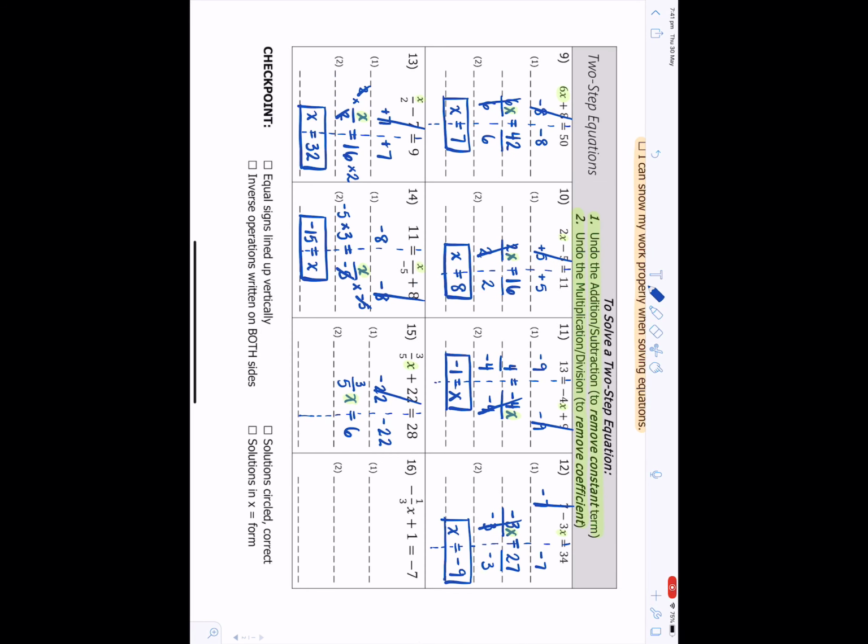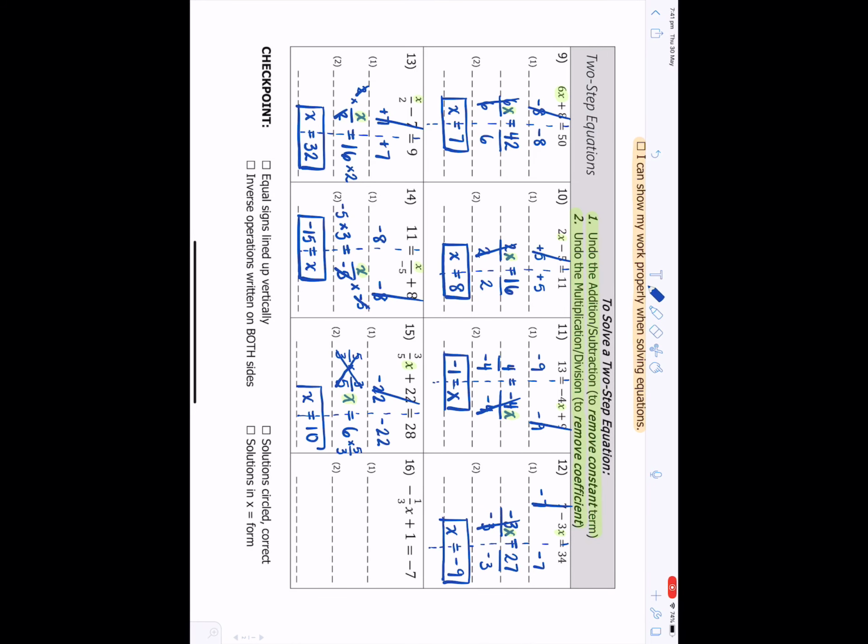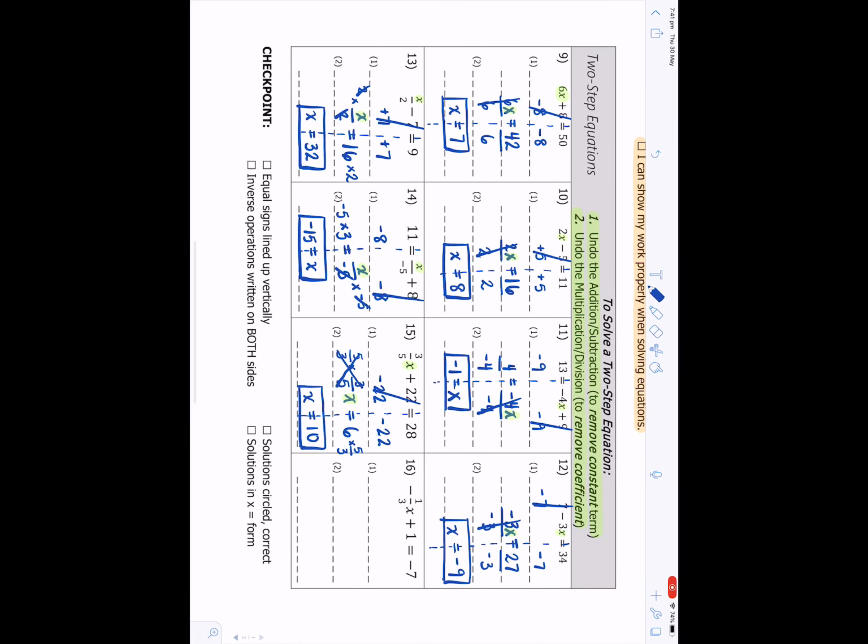So in this problem, we can multiply by 5/3, and whatever we do to that side, we have to do to the other side as well, and multiply by 5/3. The 3s and 5s cancel, and we're left with x equals 10. Since I've got x by itself, I know that I'm done, and I've found the solution.